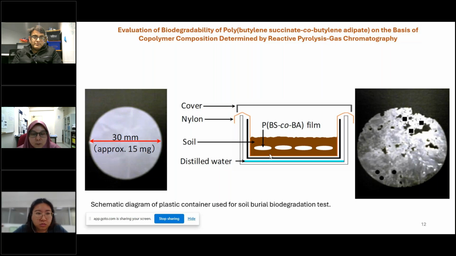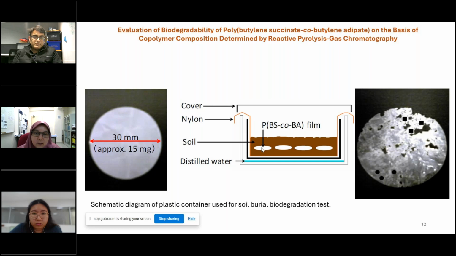We put this plastic inside the soil, inside a plastic container with a cover, then we control the percentage of humidity in this experimental setup. In this experiment we do 4 weeks, or 28 days, of biodegradation.